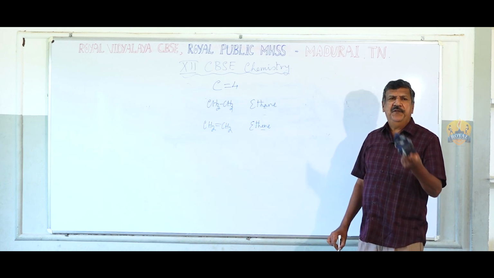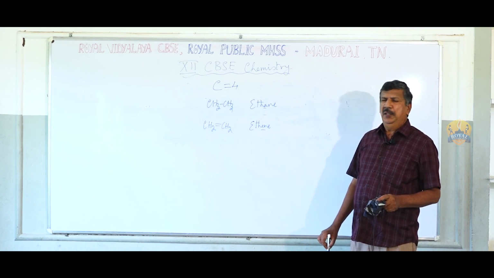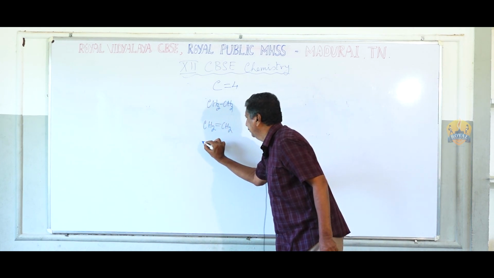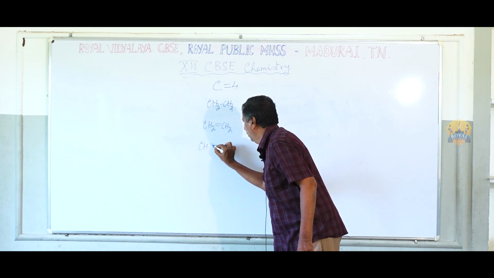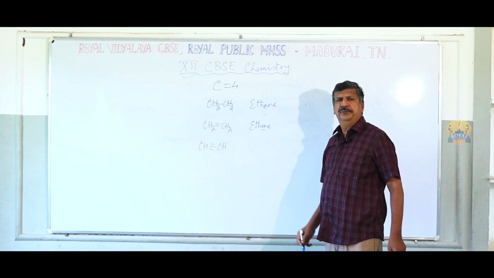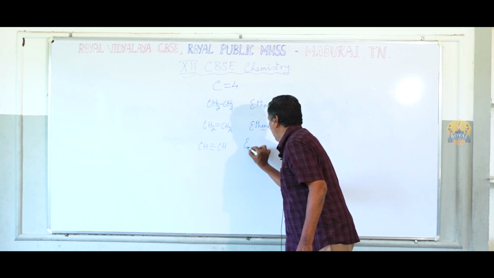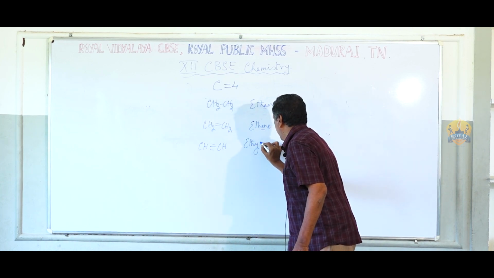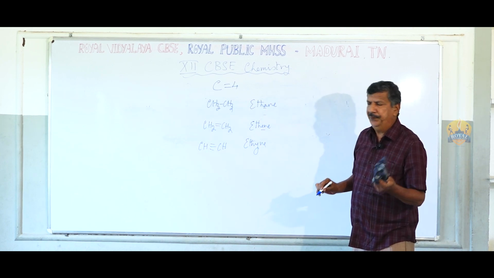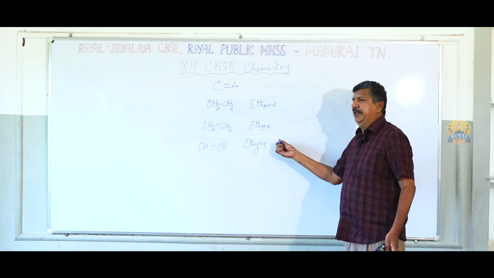And again, if you want a triple bond, you again remove 2H, like this. Then the compound will have a triple bond. The name you all know, ethyne. Moreover, there is another name also, ethylene, acetylene.